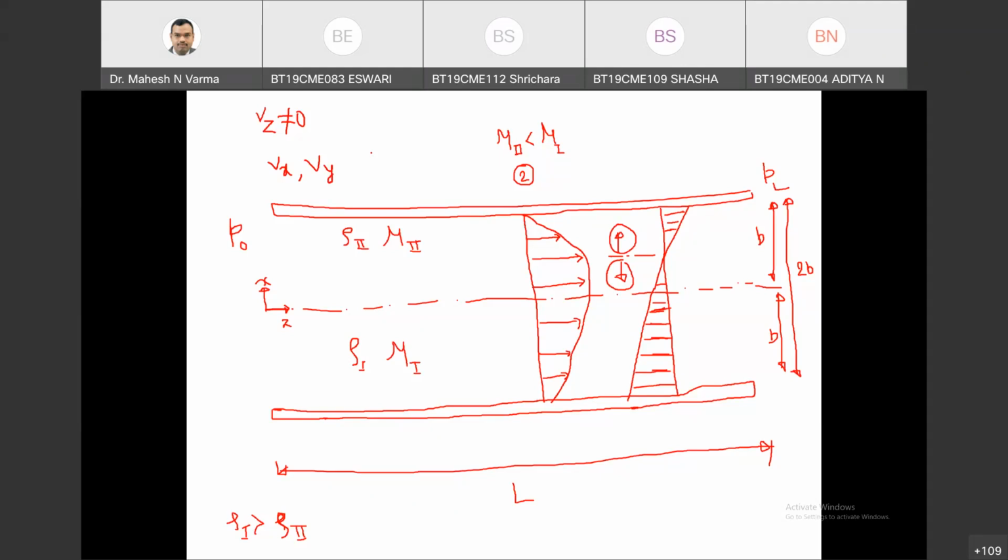Rho g into height, from point x to x plus delta x. P naught minus PL.